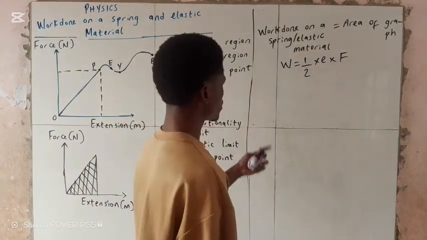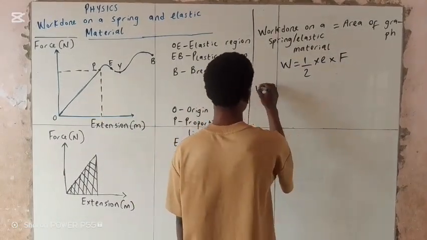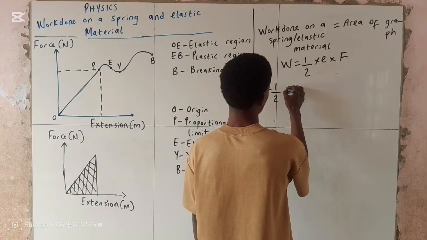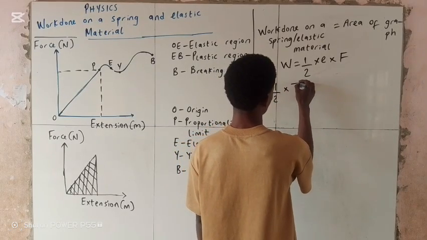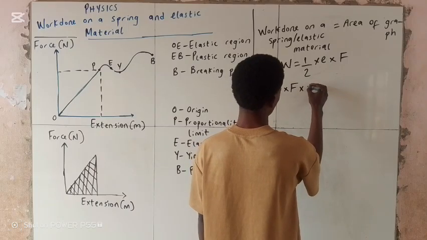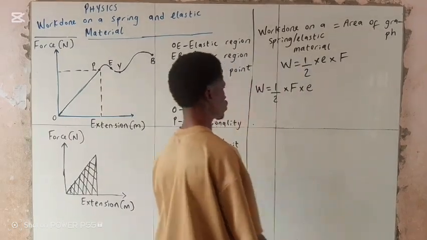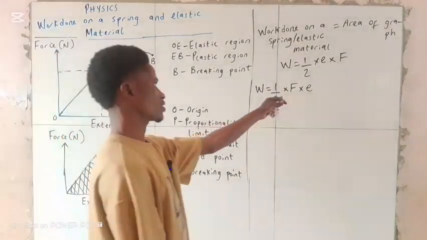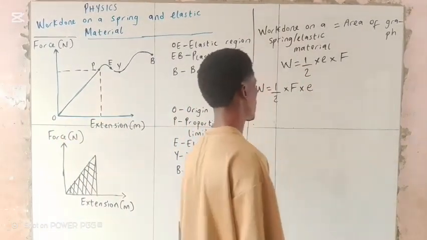So we can write this as work done equals half multiplied by force multiplied by extension. So can I write this as this? You see the same thing.